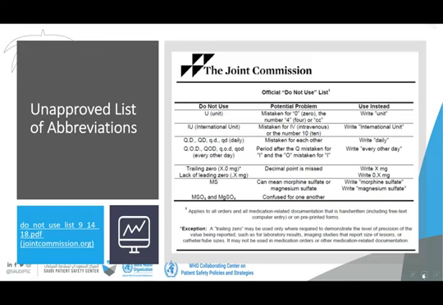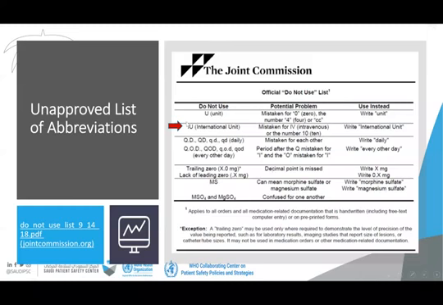This is one of the common ones. It is very important for every organization to have a list of unapproved or prohibited abbreviations. And if you are using an electronic medical record, you also have a system that helps you not to use such unapproved abbreviations. If you go through this article from the Joint Commission, let us give an example.